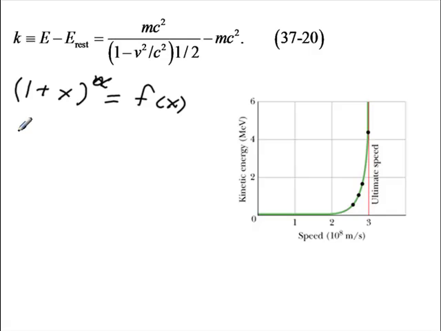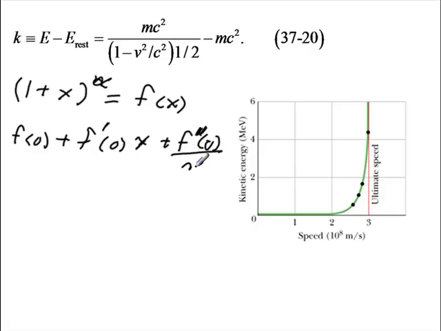I can write that as f of 0 plus the first derivative of f, evaluated at 0, times x, plus the second derivative of f, evaluated at 0, divided by 2 times x squared, and I can continue to expand this out.